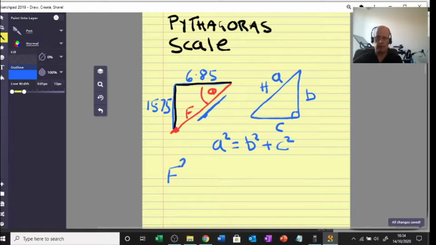F squared equals b squared, well, I'll call this b squared, 15.75 squared, plus c squared, 6.85 squared.